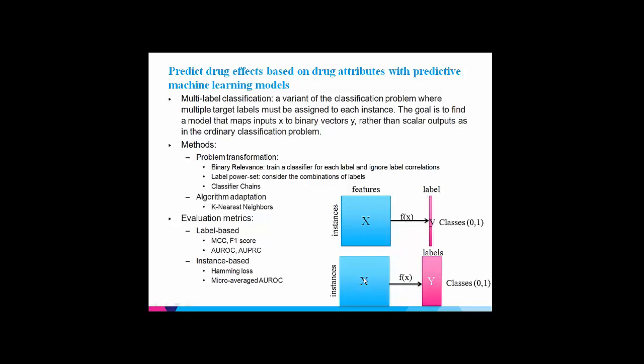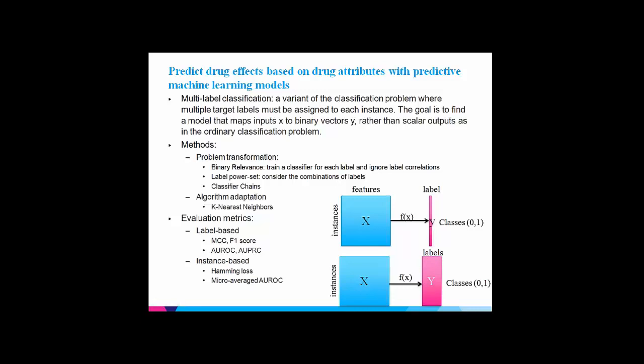For multi-label classification, the goal for this function f is to output a vector representing the membership between the instance and the list of labels.